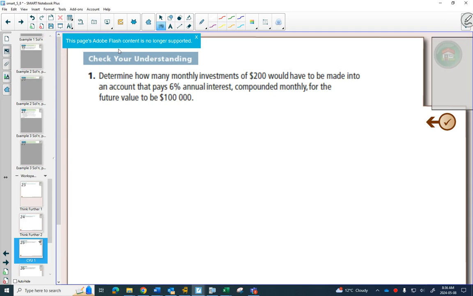So determine how many monthly payments of $200 would have to be made into an account that pays 6% annual interest compounded monthly. So we want the future value. I'll write out the formula again, minus 1.